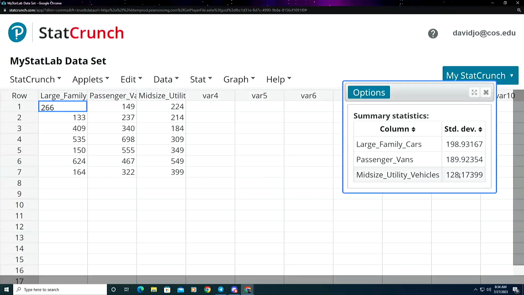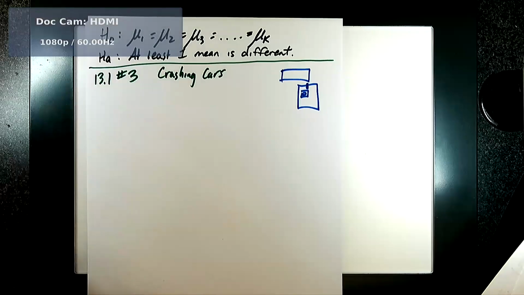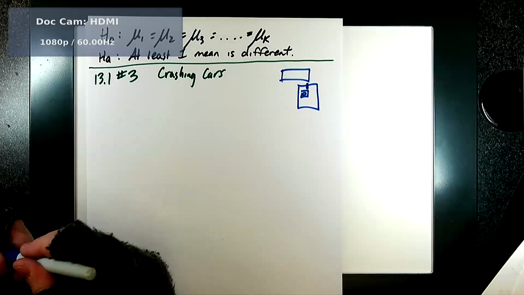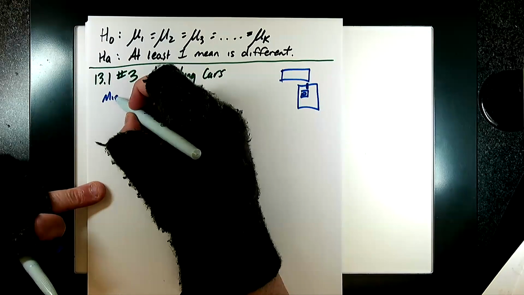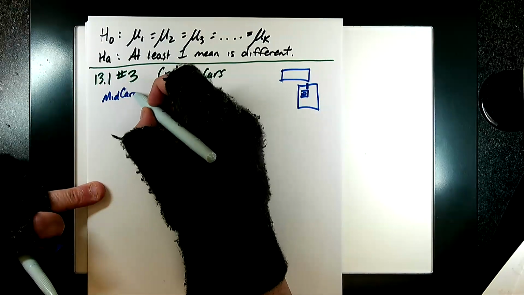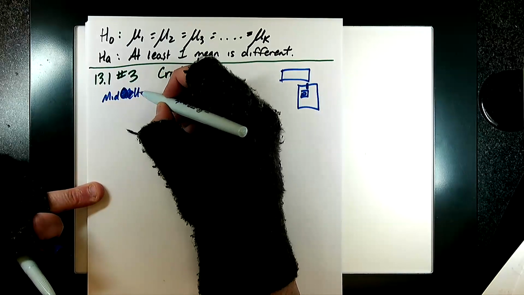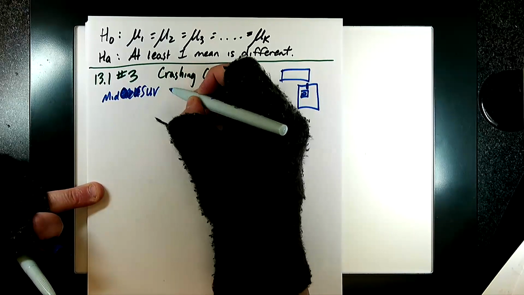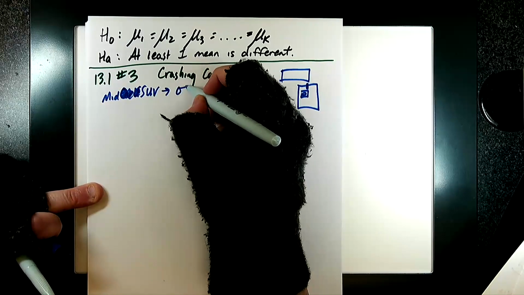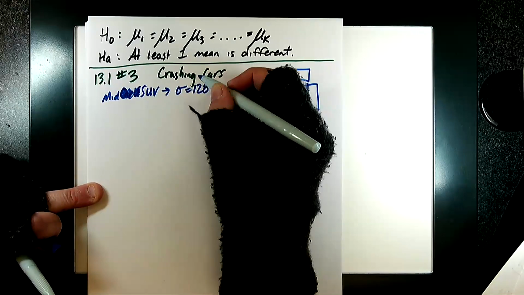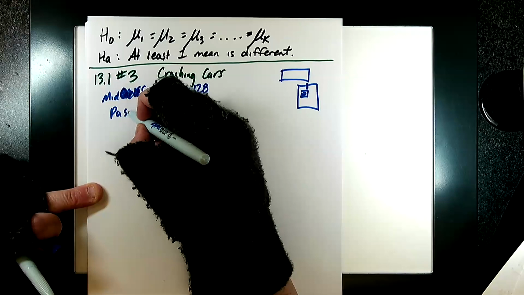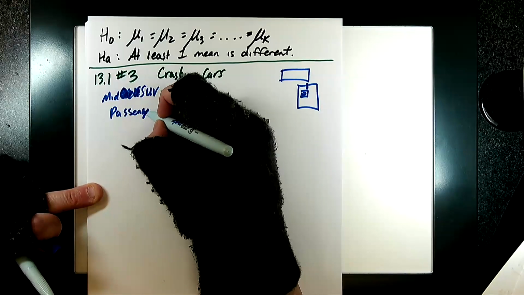And the smallest one is 128. I'll put this over here. So mid-size utility vehicle, mid-size SUV basically, had a sigma equals 128. Passenger van.